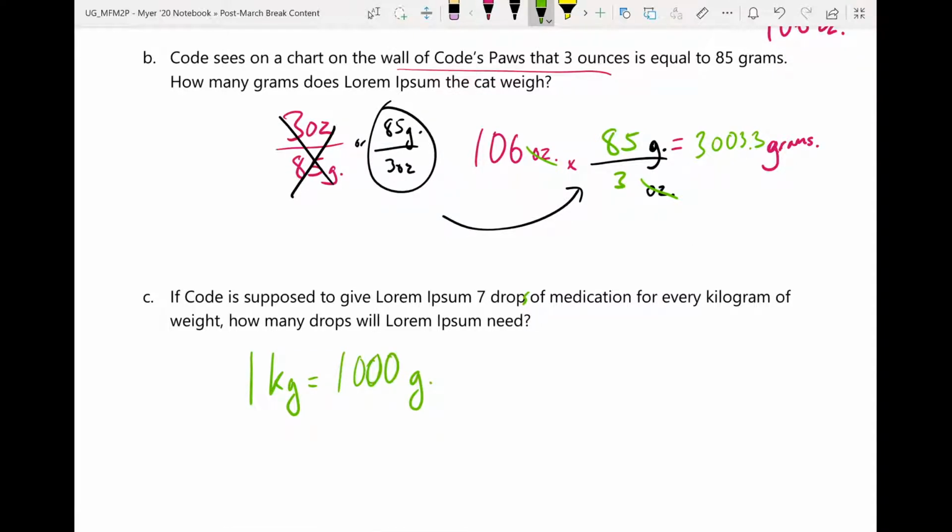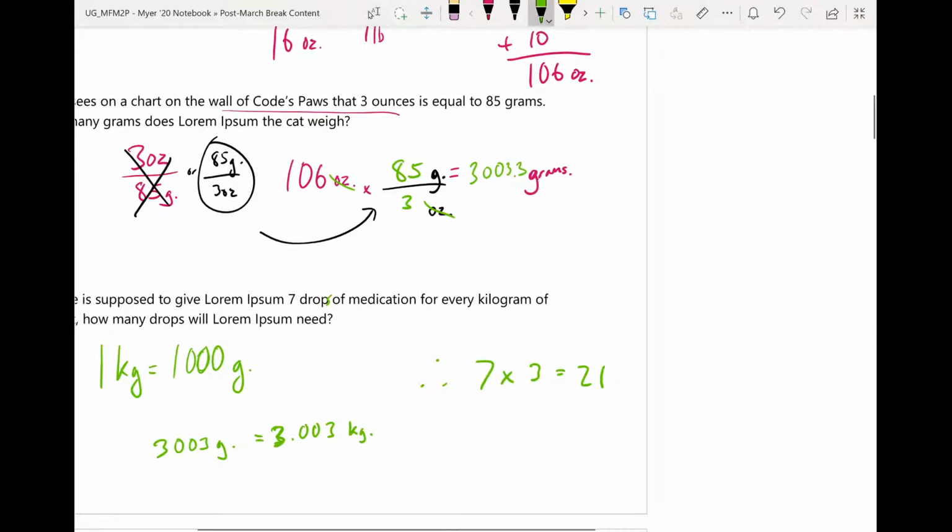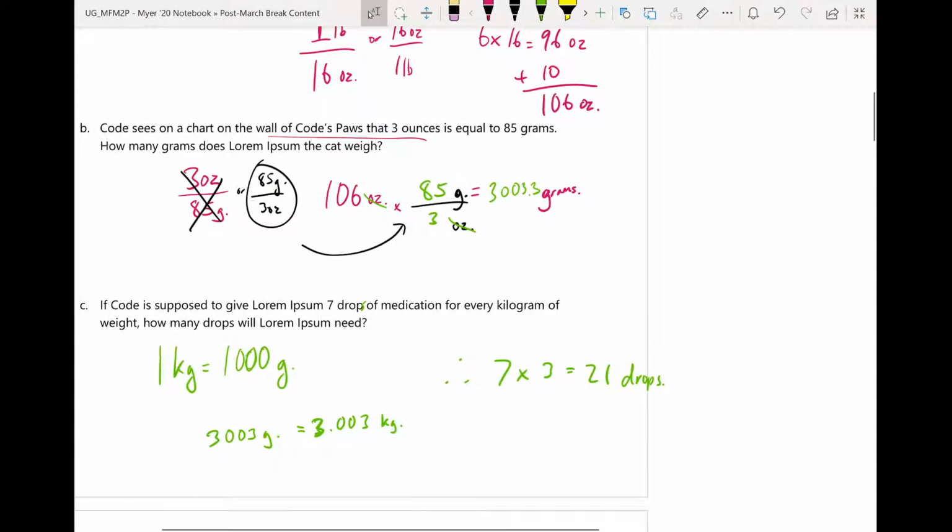So if my cat Lorem Ipsum weighs just over 3,000 grams, 3,003 grams is equal to 3.003 kilograms. Therefore, I do 7 times 3 kilograms, which is 21 drops. So my cat gets 21 drops.